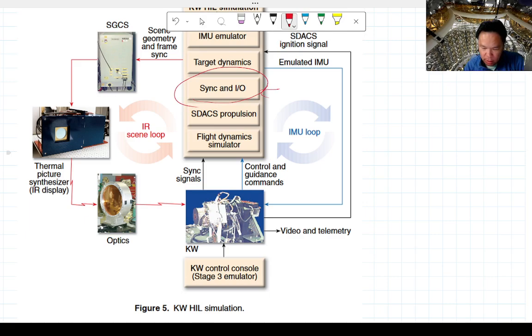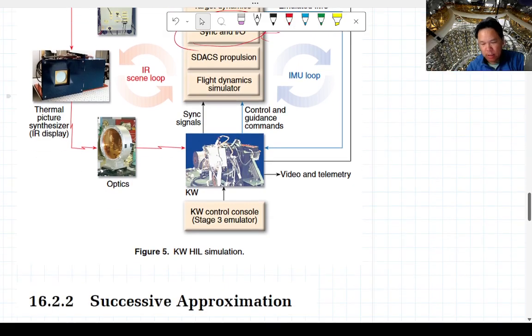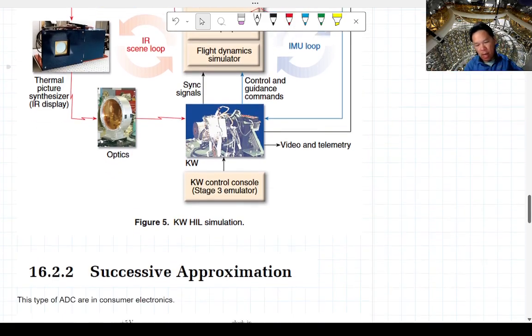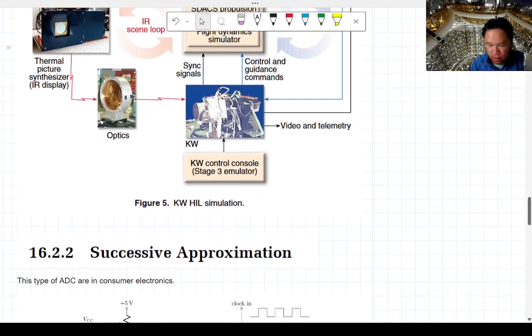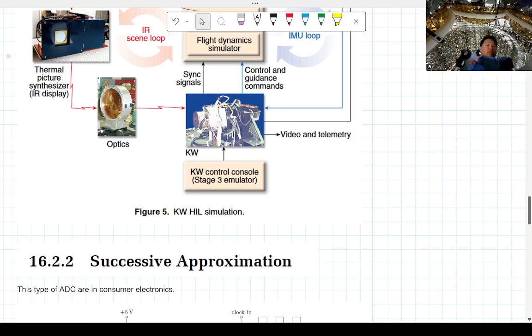This is where a lot of your electronics are, and it's an essential part of this loop in order for you to get the information as quickly as possible. That way you can use it to figure out how to change your trajectory, let's say. Of course, this is not the only application.